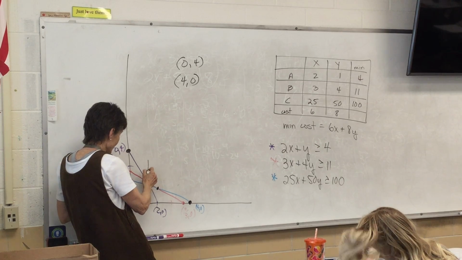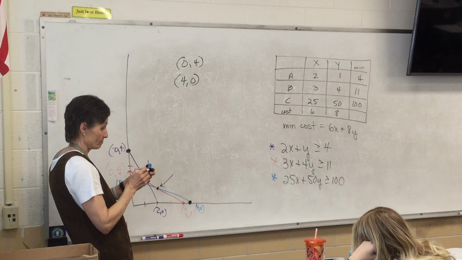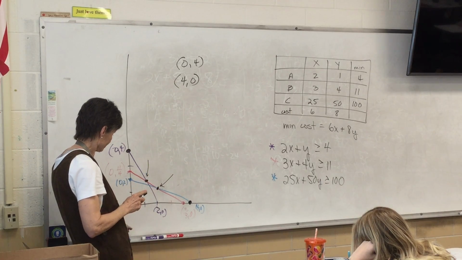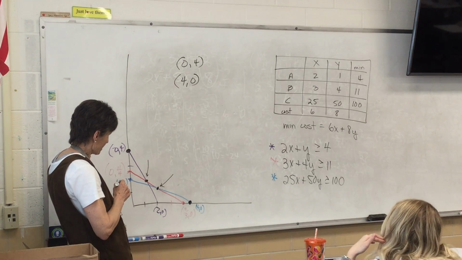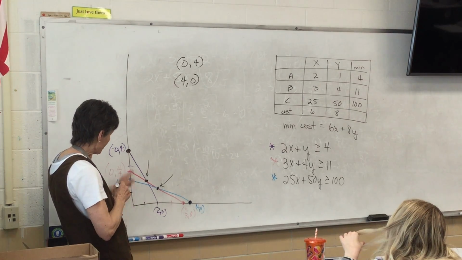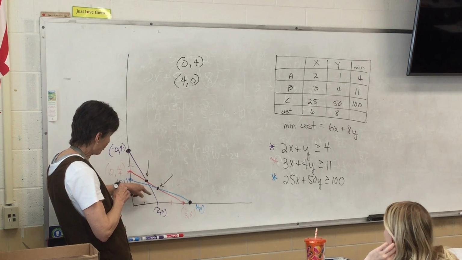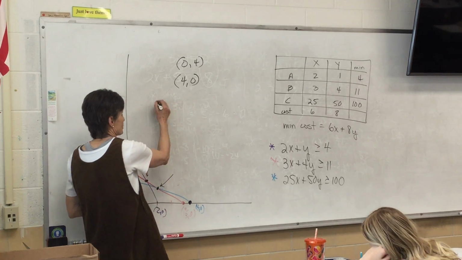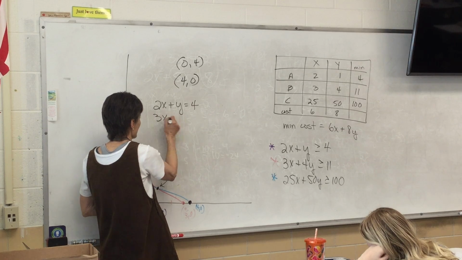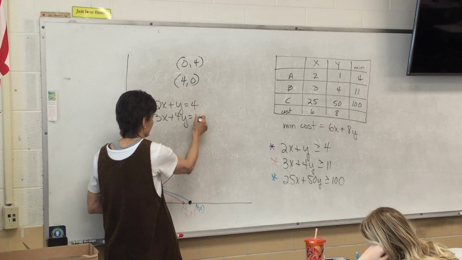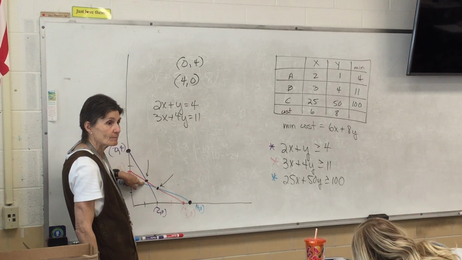And then these guys, which are intersections. So let's see, this point right here where I'm pointing is purple and red. So 2x plus y equals 4, and 3x plus 4y equals 11. My purple and red are intersecting right there.